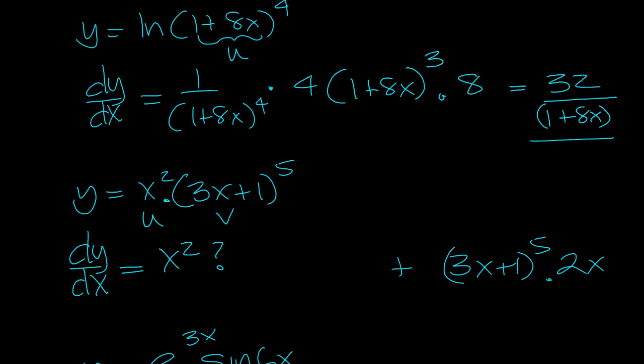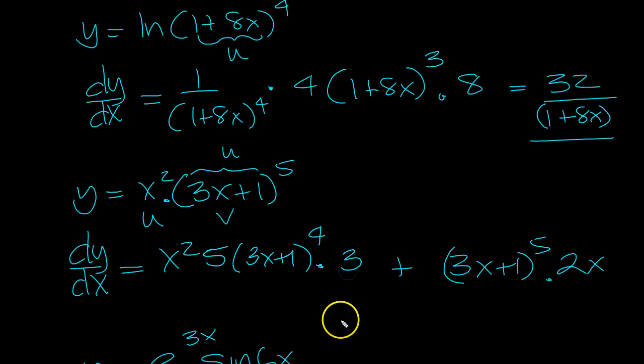Now dv/dx is a subproblem in its own right. It's something. So again, I'm just going to abuse the notation by just putting another u here. It's something to the 5. So when we differentiate a function, it's u to the 5 differentiates to 5u to the 4 multiplied by the something differentiated, which is 3.